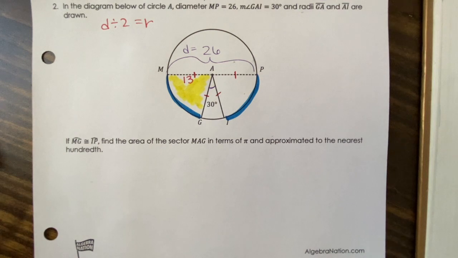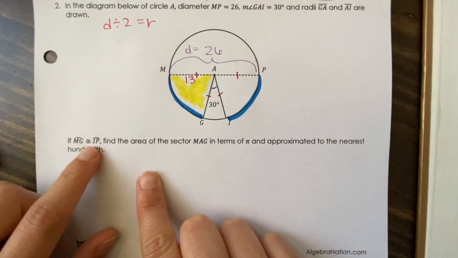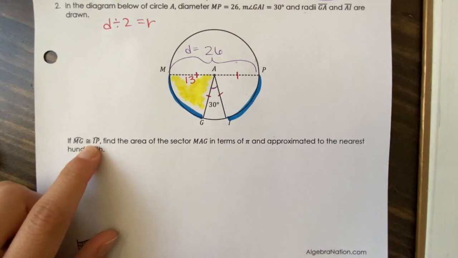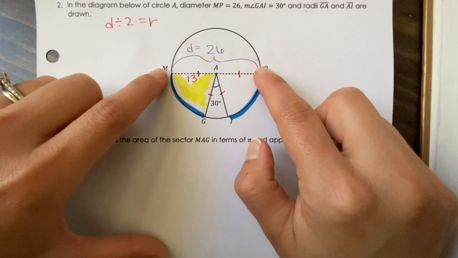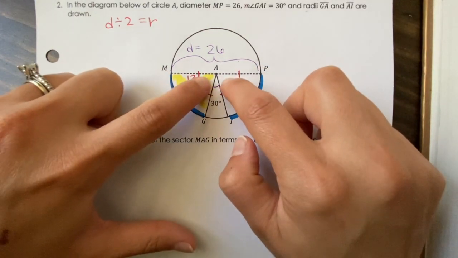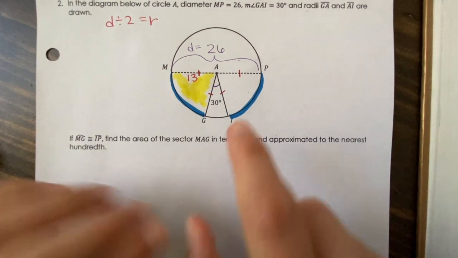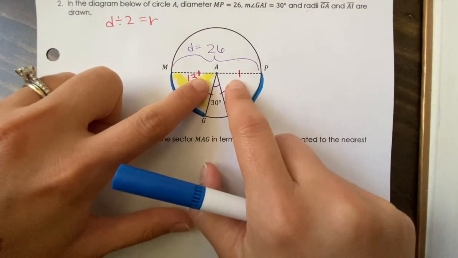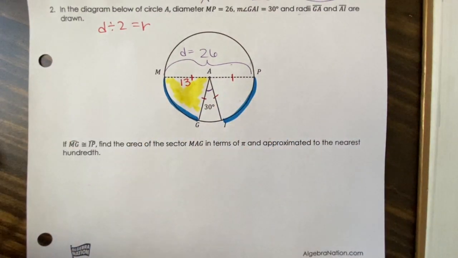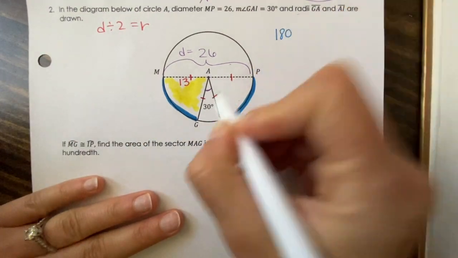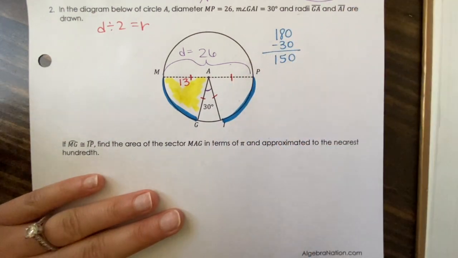Okay, so now I'm sure the first question you're going to have is, why in the world are they telling us this is congruent? Okay, so remember, the arc measure is the exact same as the central angle. So if we know that these are the same, we can solve for these angles. We know these 3 angles together add up to 180. So if we have 180 and we take away the 30, we're left with 150 degrees.